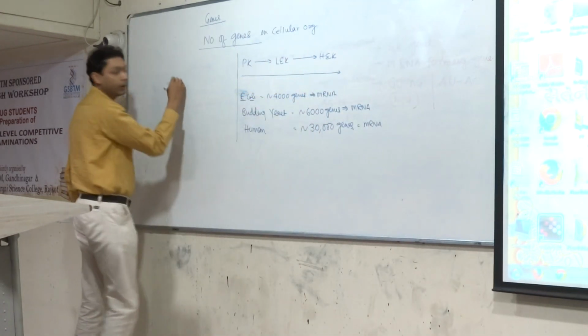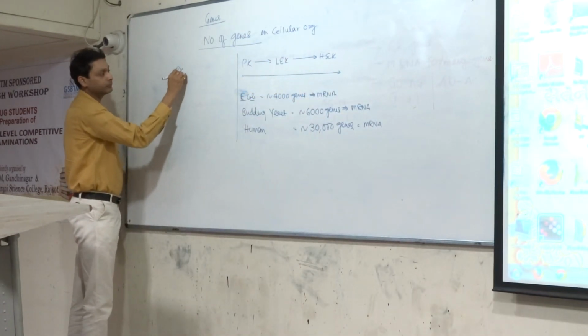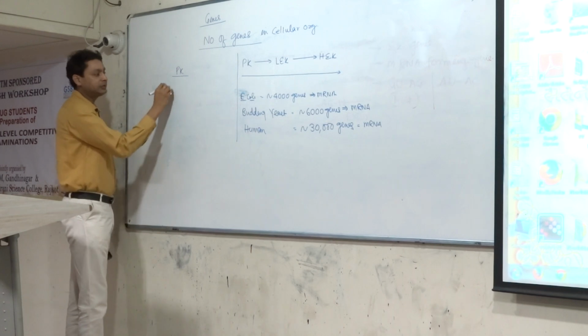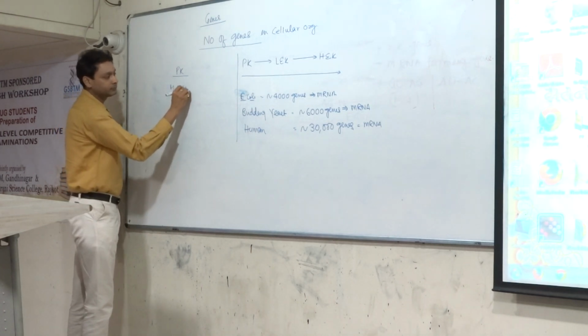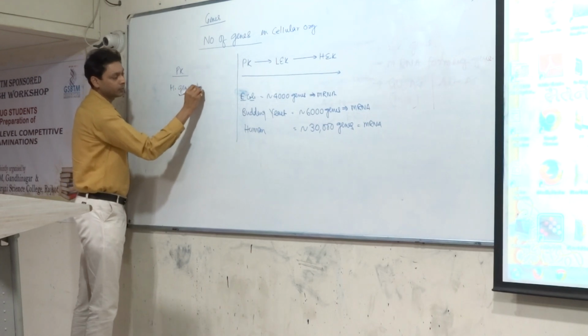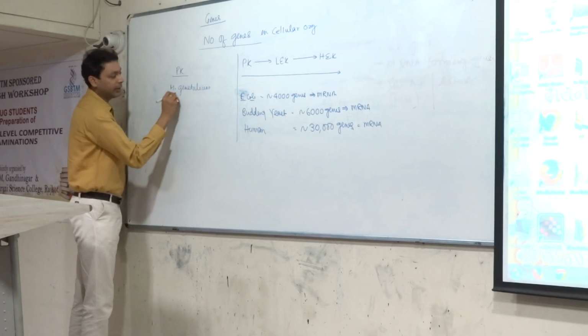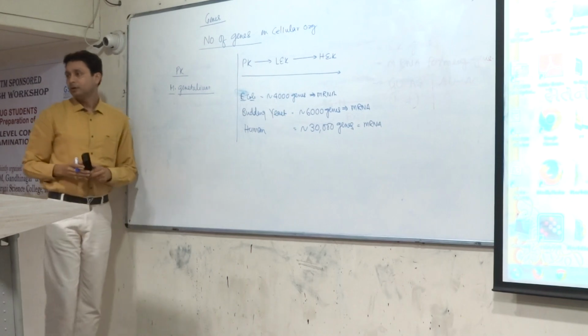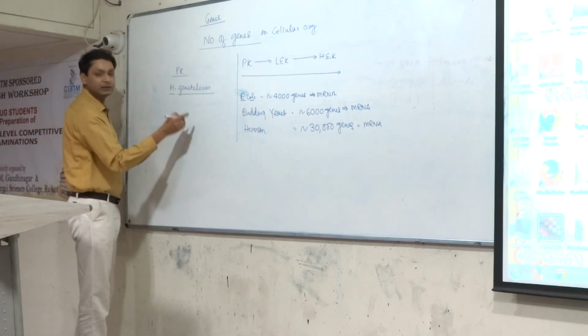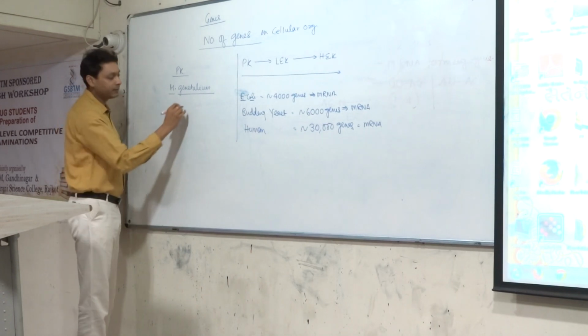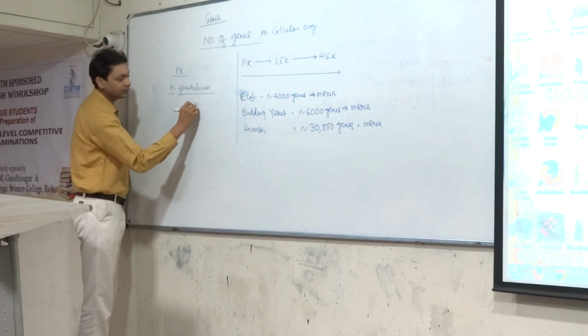In the case of the prokaryote, the minimum number of genes is reported in Mycoplasma genitalium. Here the number of genes responsible for the formation of the messenger RNA is approximately 470.